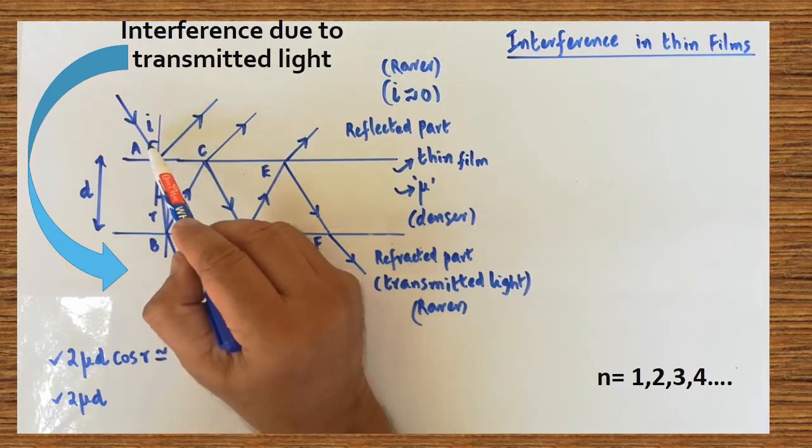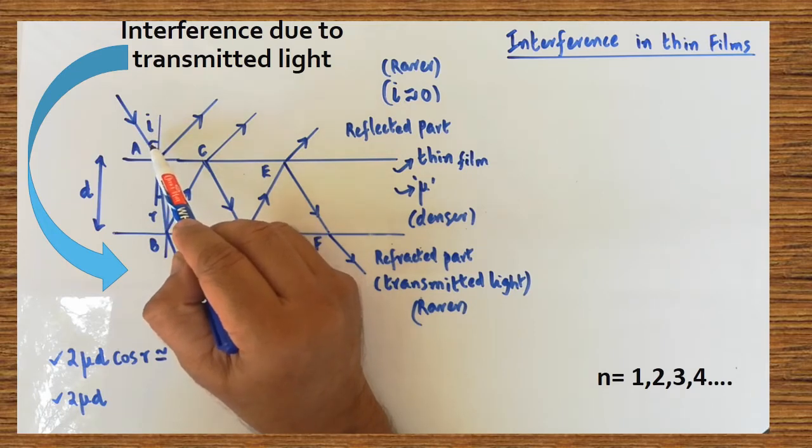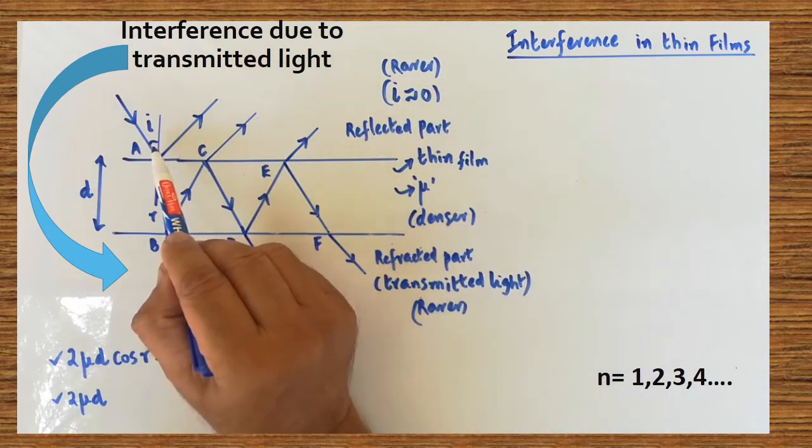With respect to the normal, the incident ray makes an angle i. Usually the i value should be taken as approximately 0.